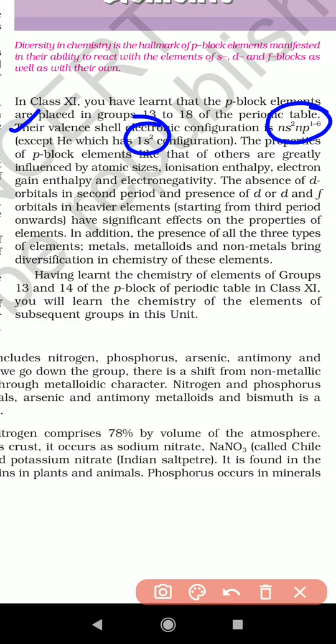Except helium, all the remaining elements are called P block elements and show ns2 np1 to 6 electronic configuration. Let us see that.